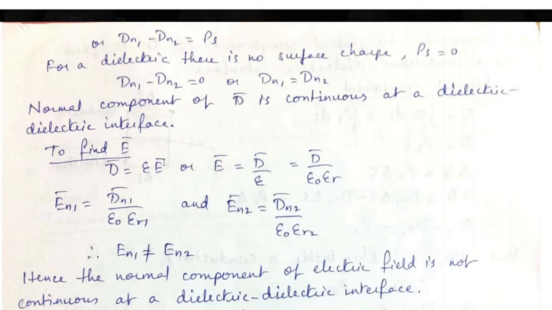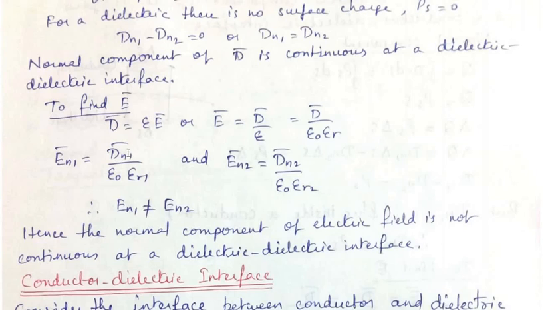Next we need to solve for the normal components of E. Again we can use the same relation between D and E, where D is equal to epsilon into E, or E is equal to D by epsilon. So En1 is equal to Dn1 by epsilon naught epsilon r1, and En2 is equal to Dn2 by epsilon naught epsilon r2.